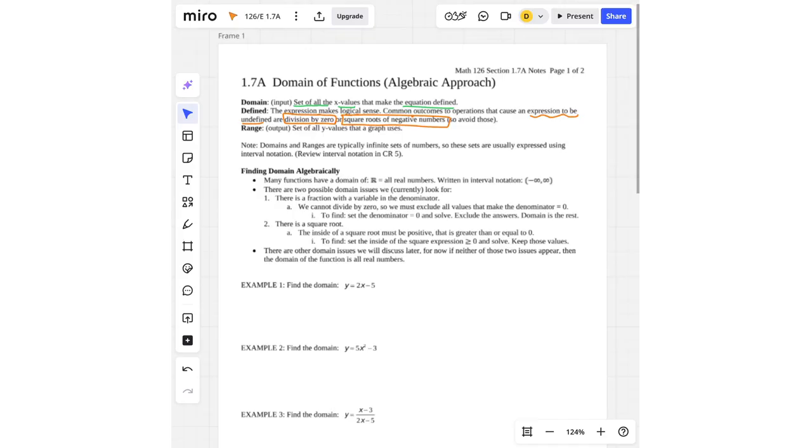We also talked about how the range was the set of all y values that the graph uses, or that you get by plugging in each particular x. Now, when we talked in 1.2 about domain and range, we were just looking at finite sets.